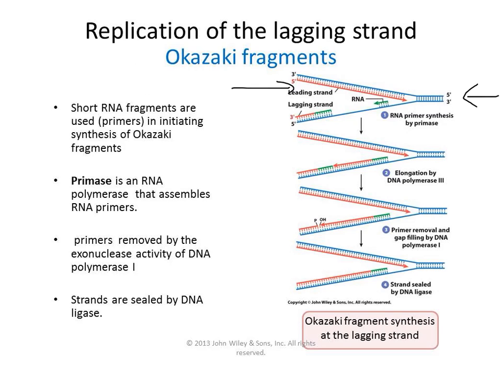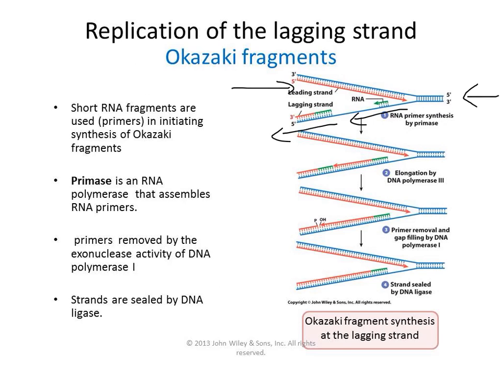You can see the leading strand is made in the direction of the replication fork, and the lagging strands are actually made in the opposite direction from the replication fork. They're laid down in pieces towards the replication fork, but the direction in which they're synthesized is away from the replication fork.